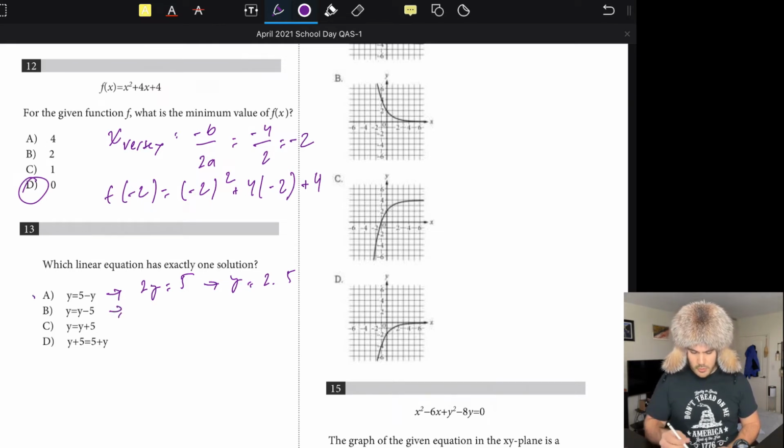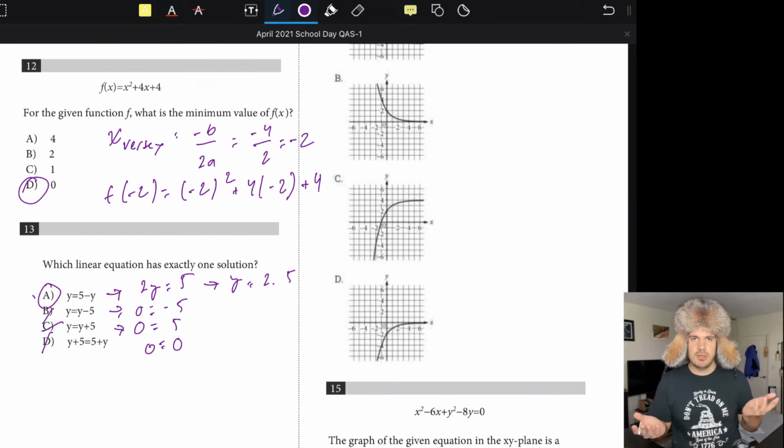B, well, B would result in 0 equals negative 5, so that's out. C would result in 0 equals 5, that's out. D would result in 0 equals 0, so it looks like there's no solutions there. Okay, so A is going to be the answer. Cool.